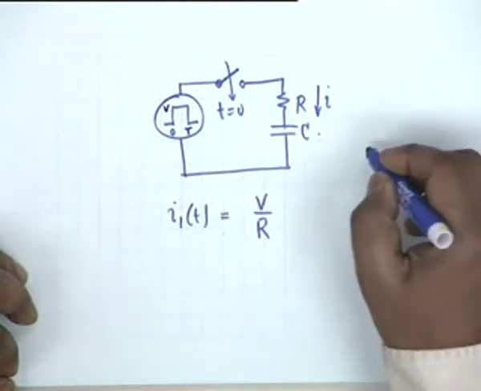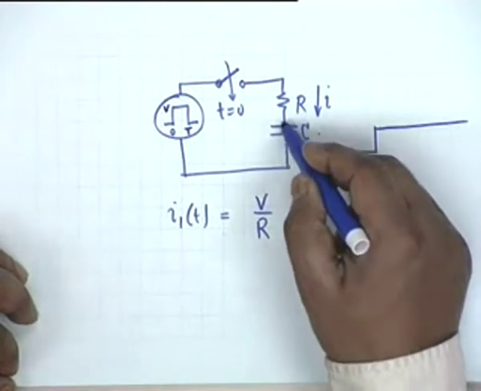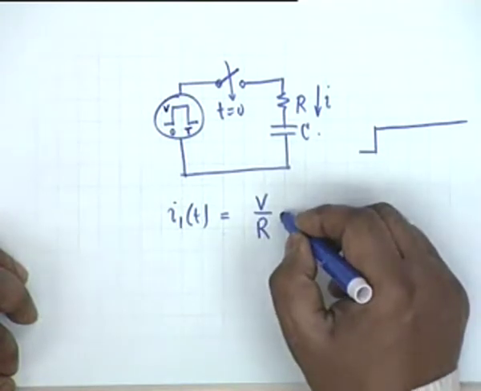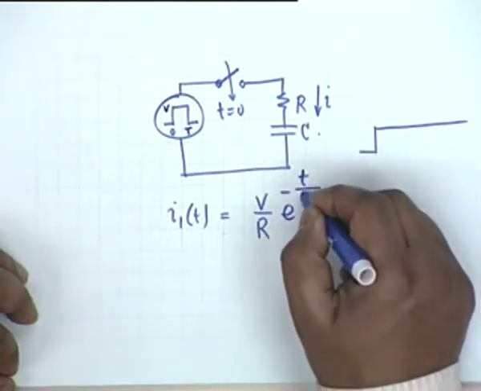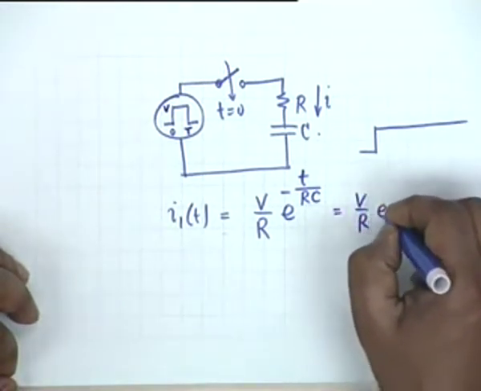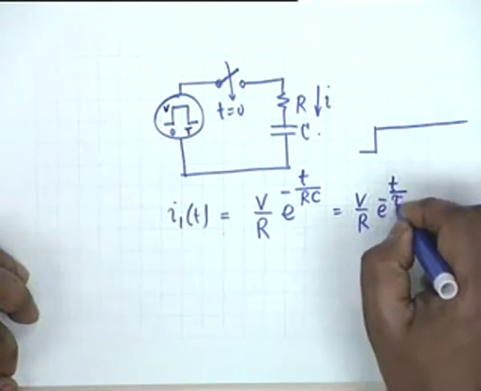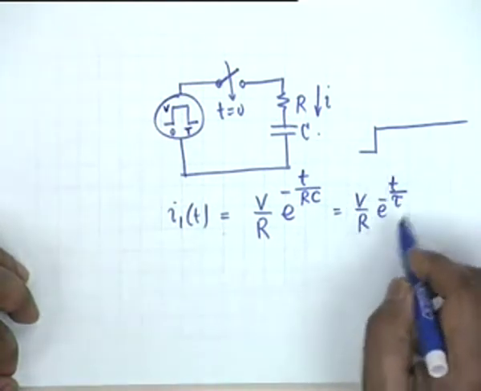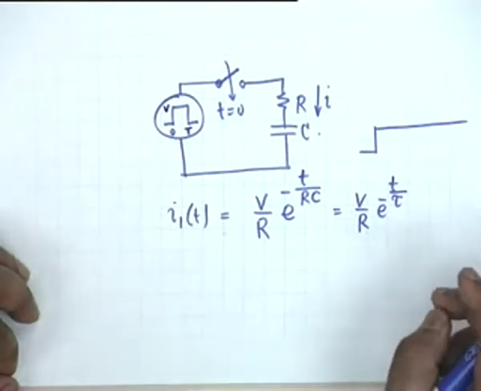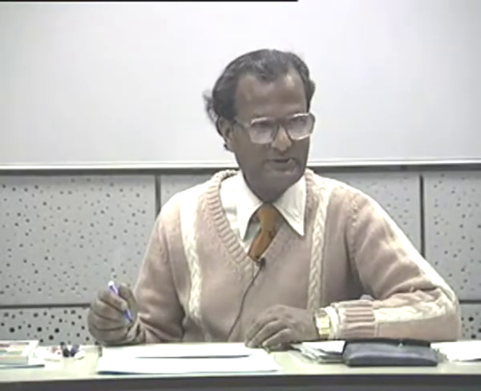This current, if I simply apply a voltage like this, then the initial current would be V by R, because initially the voltage across C is 0, all right, and therefore it will be V by R. Then it would decay with time according to e to the minus t by RC. All right, let us call it as V by R. Let us call this time constant, because I have used capital T here, let us call it as tau, t by tau. And this response obviously is valid for the time interval between 0 and capital T, because at capital T something else comes into the picture.